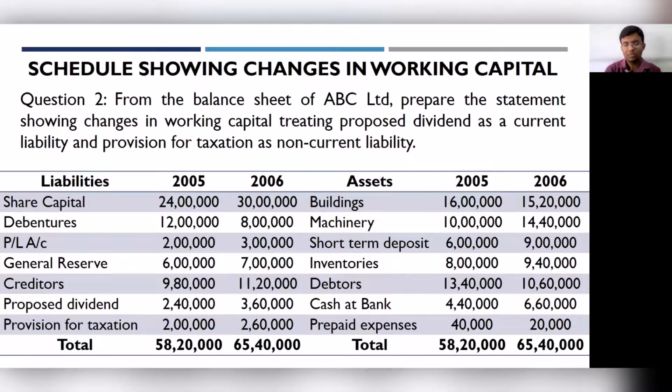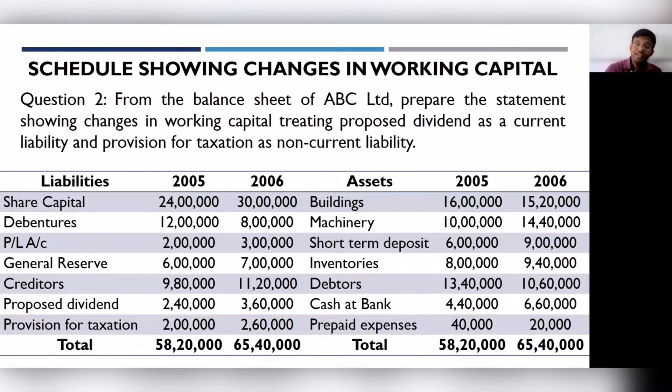So let's look at it. What they're telling us is that we have to treat proposed dividend as a current liability, and provision for taxation as non-current liability. Now, for proposed dividend and provision for taxation, these two items, there is an exception.